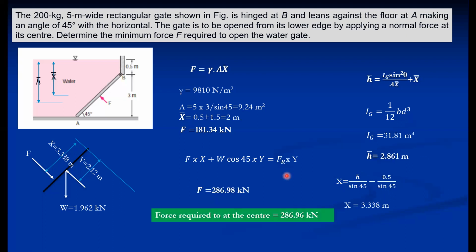And so the force required after solving is 286.98 kilonewton. So we have to apply the force at the center, 286.98 kilonewton. If we apply it at the center, that much force is required. But what about the minimum force required?